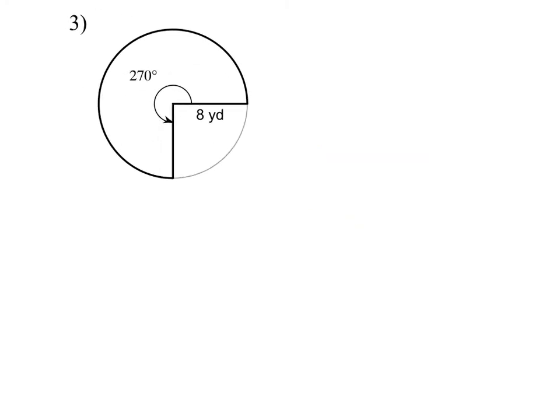The next one, again, I have this whole region. So I have area of the sector is 270 divided by 360 times 8 squared pi. So if I simplify everything, I'm going to have 48 pi yards squared.